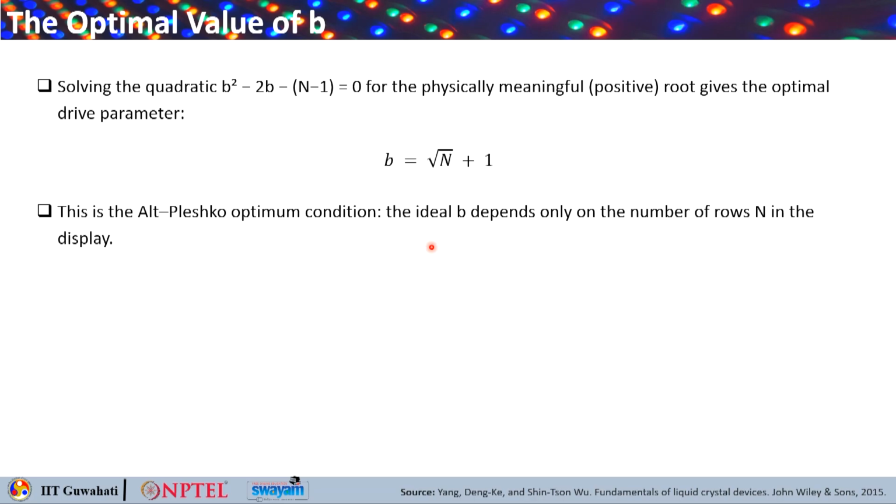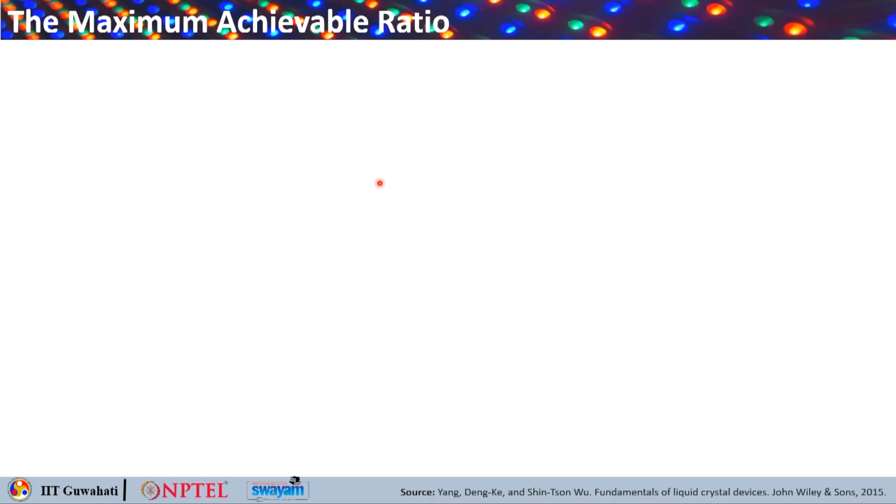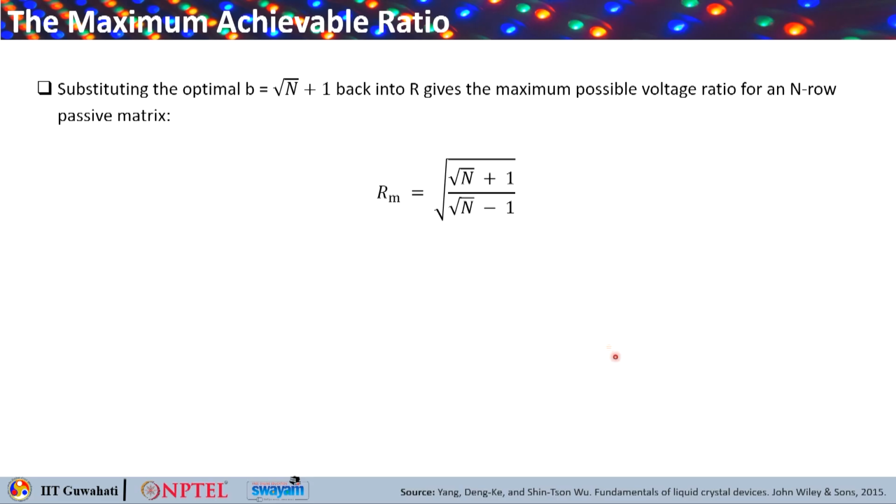This single formula is worth remembering: given any passive matrix display's row count, you can immediately tell the optimum column or row voltage ratio that you can use to obtain the best contrast. So you can quickly get an estimate of the parameter B, and that can tell you about the contrast ratio.